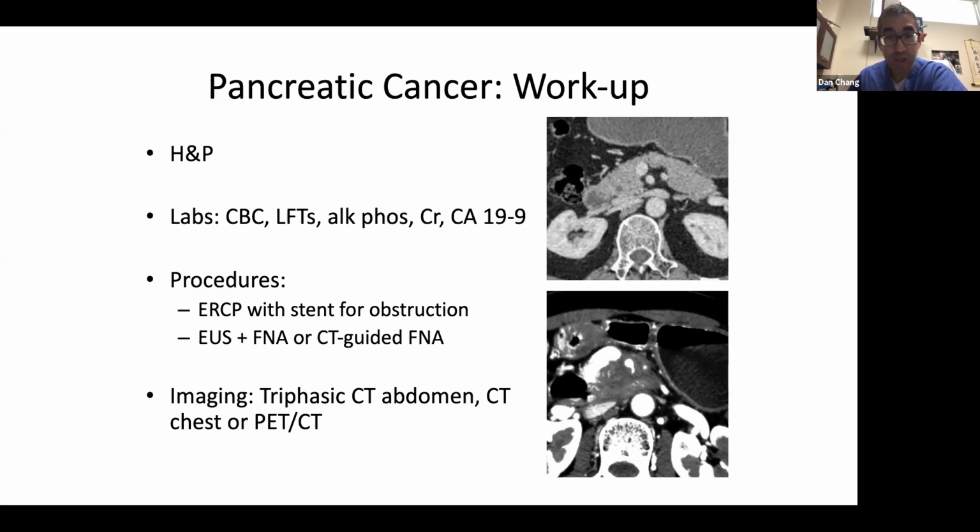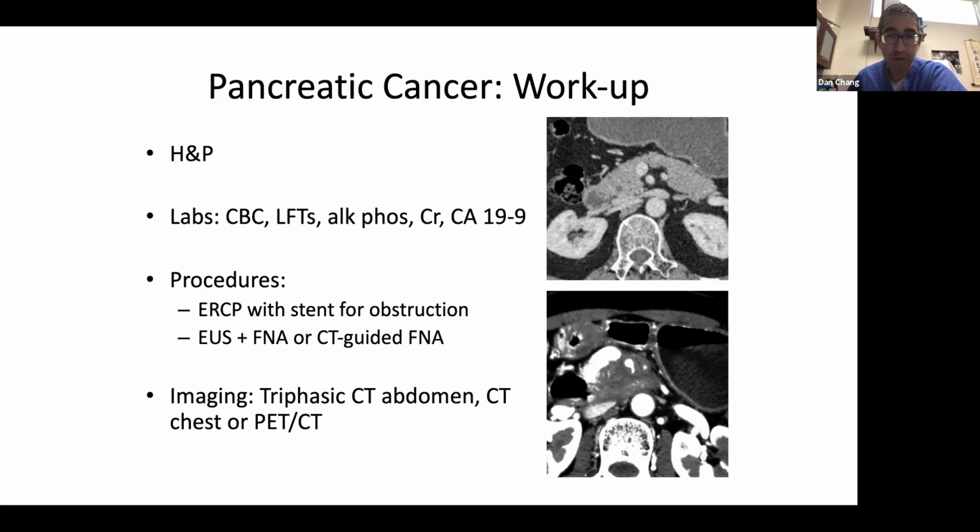One of the main reasons to do that is that if you worry that a patient has metastatic disease, you don't want to be putting them through a Whipple, right? Because it's a huge surgery, they have a long road to recovery, and if they have a high risk of metastases, why put them through a big, morbid procedure?